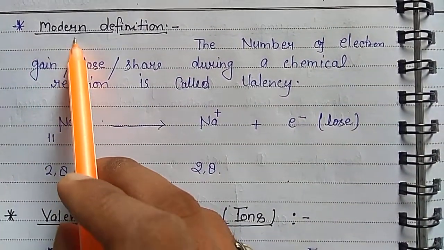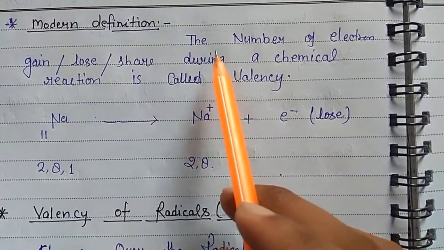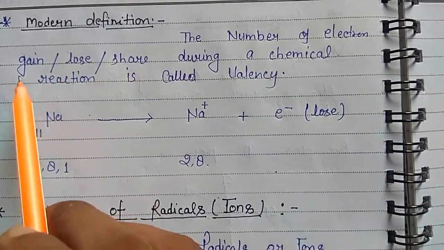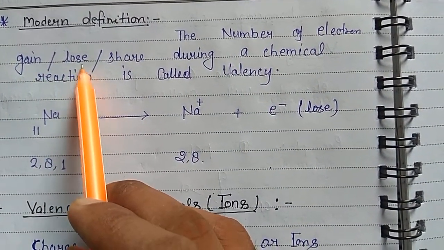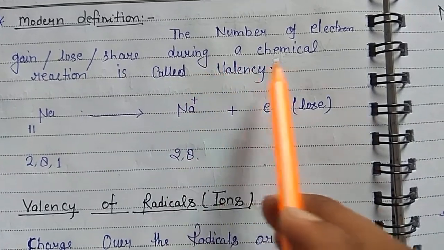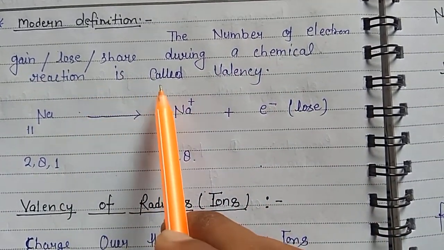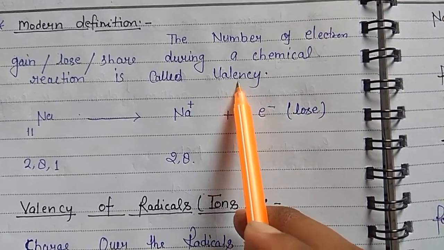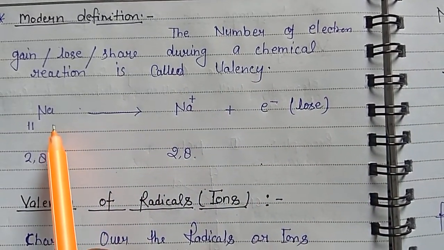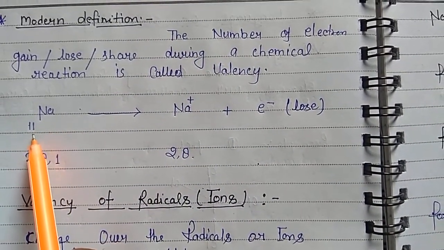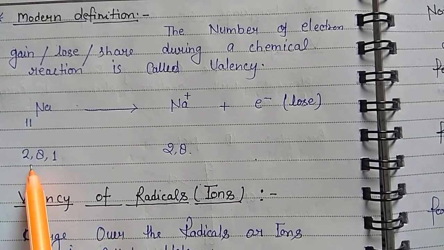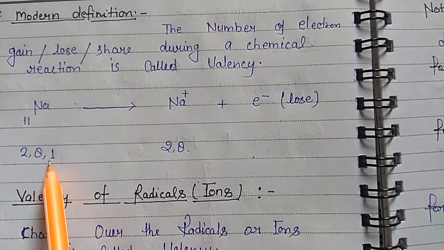Now the modern definition of valency: the number of electrons gained, lost or shared during a chemical reaction is called the valency of an atom. For example, sodium, whose atomic number is 11 and electronic configuration is 2, 8, 1.